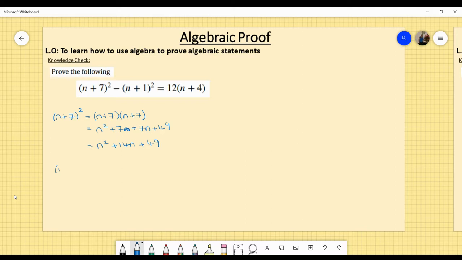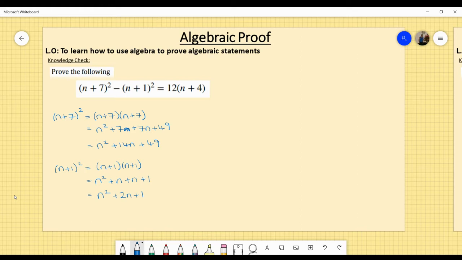The second set of brackets is n plus 1 squared. So again, I'm going to write the brackets out twice so that I'm expanding properly, and we end up then with n squared plus n plus n plus 1, which will simplify to give me n squared plus 2n plus 1. And then I want to use this back in this format, so I'm actually asked to subtract 1 from the other.